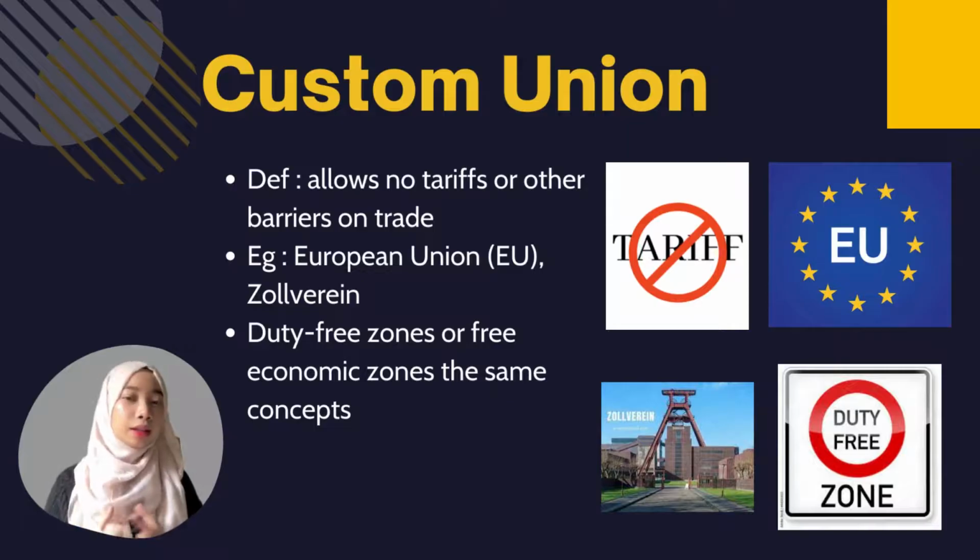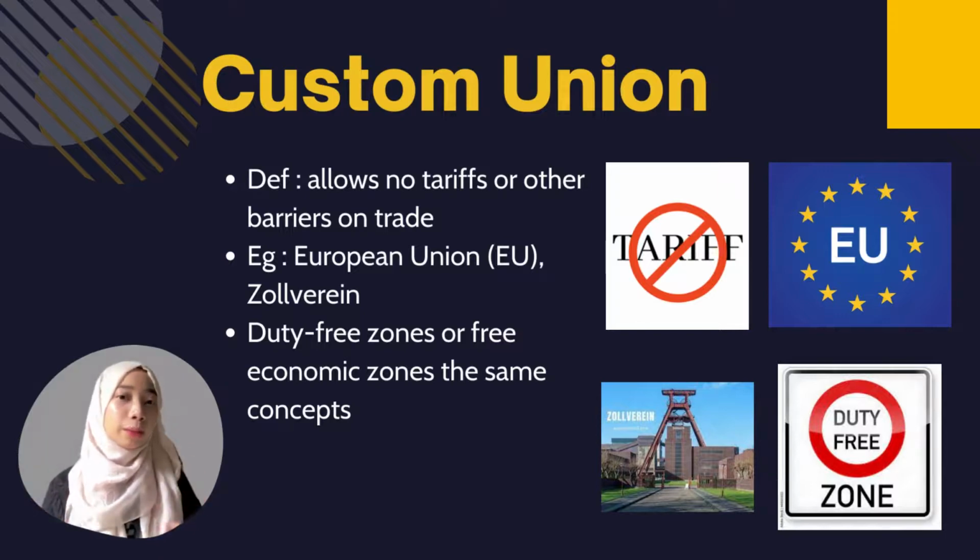Number 3 is customs unions. Customs unions allow no tariff or other barriers on trade among members. It's the same as an FTA, which has no barriers. In addition, it harmonizes existing trade policy, such as setting common tariff rates towards the rest of the world.